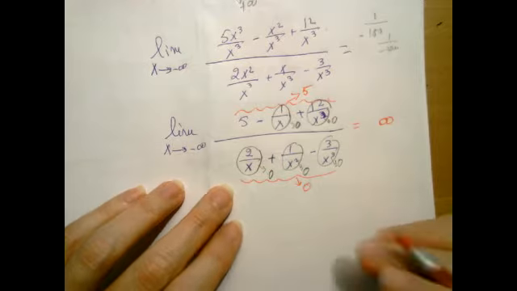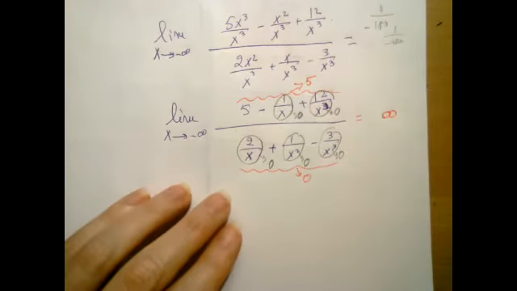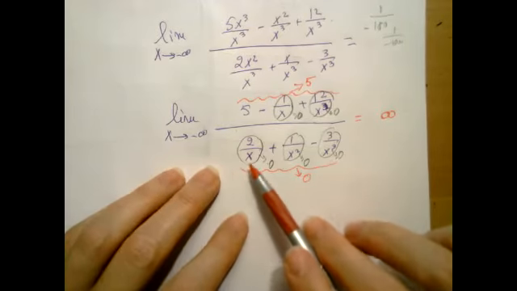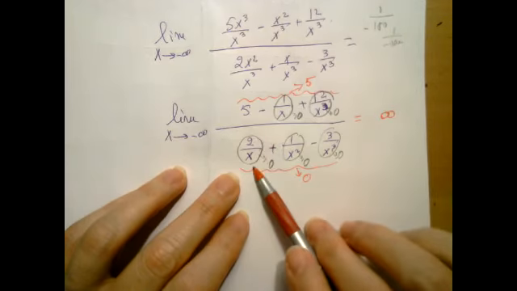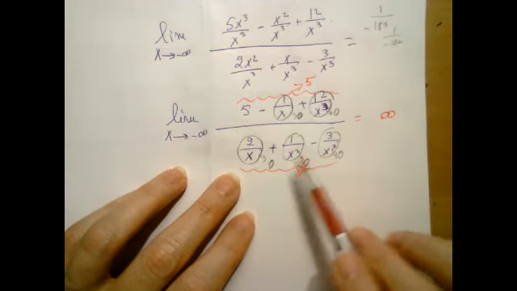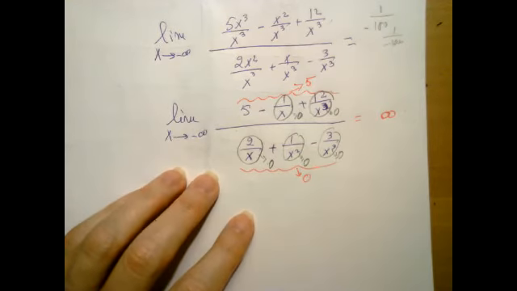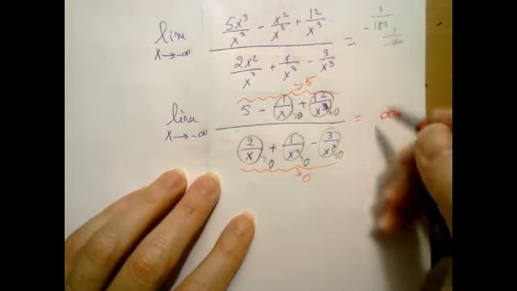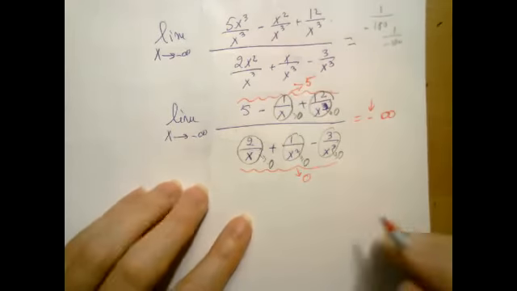But the question is, is it going to be positive infinity or negative infinity? When x goes to minus infinity, this term is going to be small negative. Okay, so it's 5 over small negative, it's just going to basically go to minus infinity. Right.